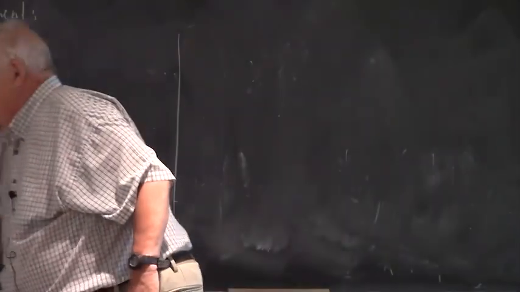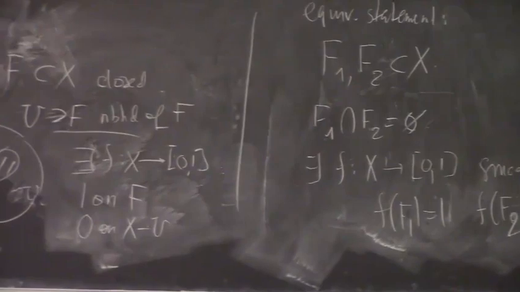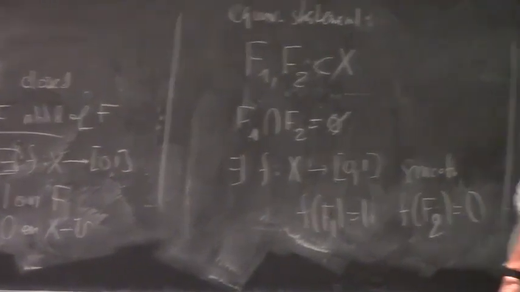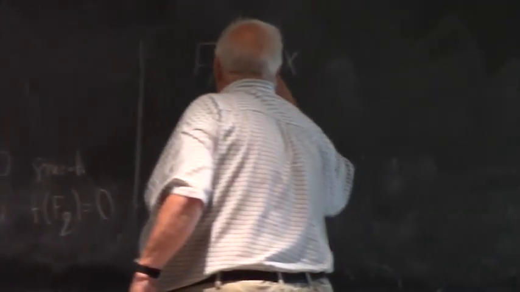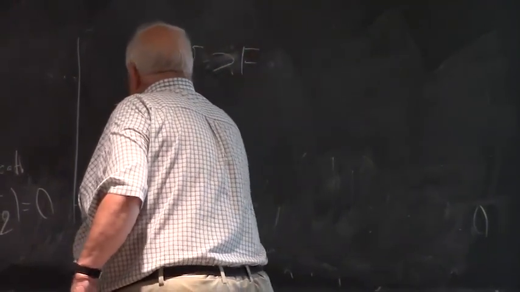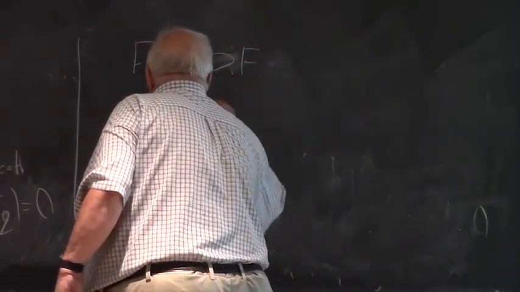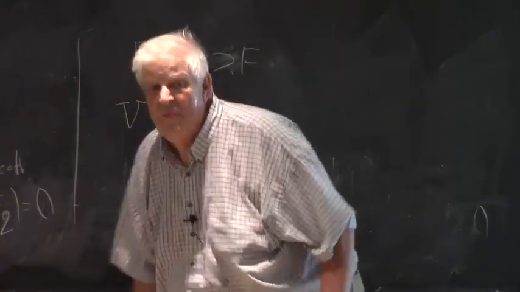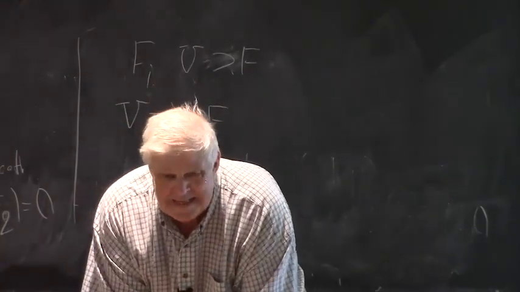Say here I already have u. So again I have f, I have u, which contains f, and I denote by v, x minus f, the complement to f. u and v are two open sets, right?